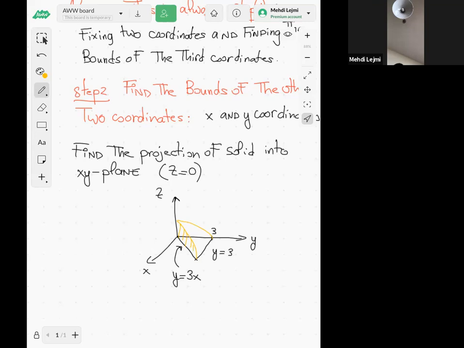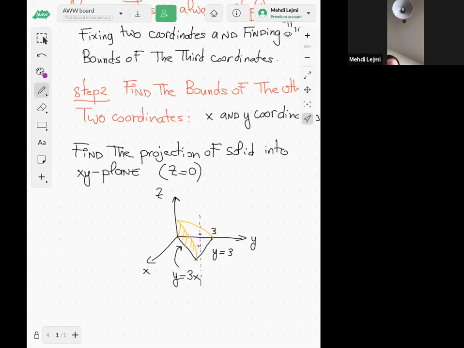As I explained last time, geometrically, to find the projection of the solid into the XY plane, we take a point in the solid and the line passing through this point and perpendicular to the XY plane.